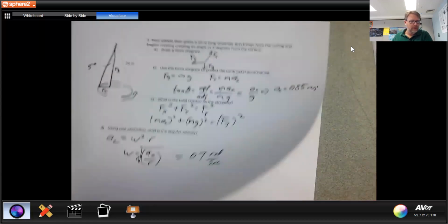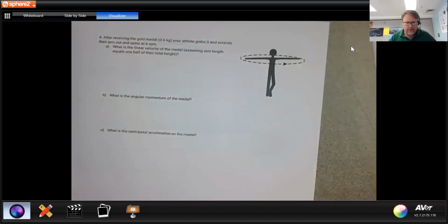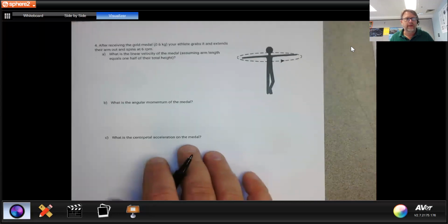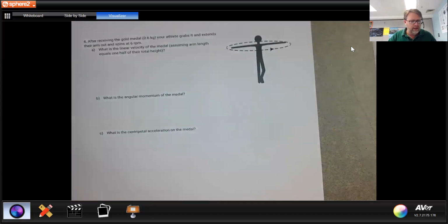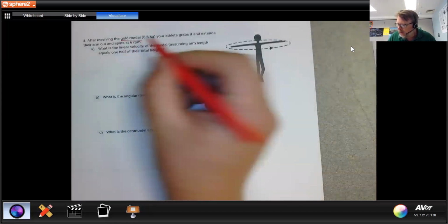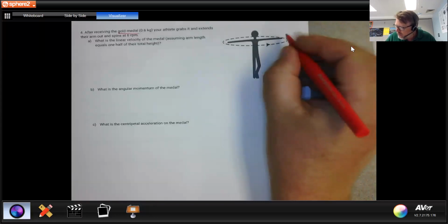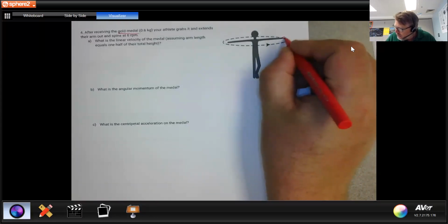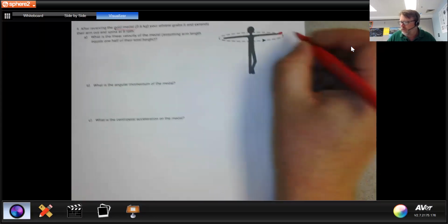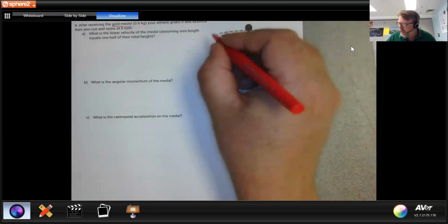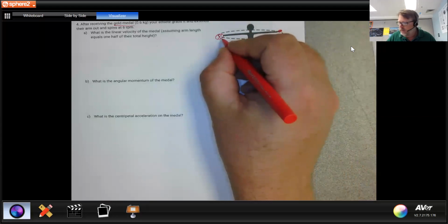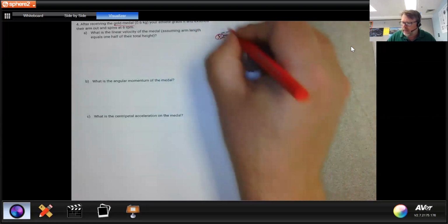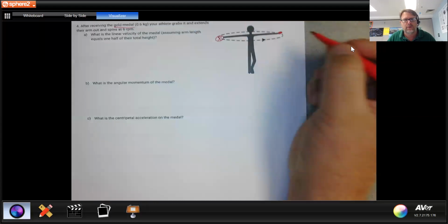All right, moving on from there, we have our object moving, and one of the things that got people, they looked at this and they thought disk, and they didn't look over here and think point. Okay, we have our metal moving like a point mass along the outside of this thing.